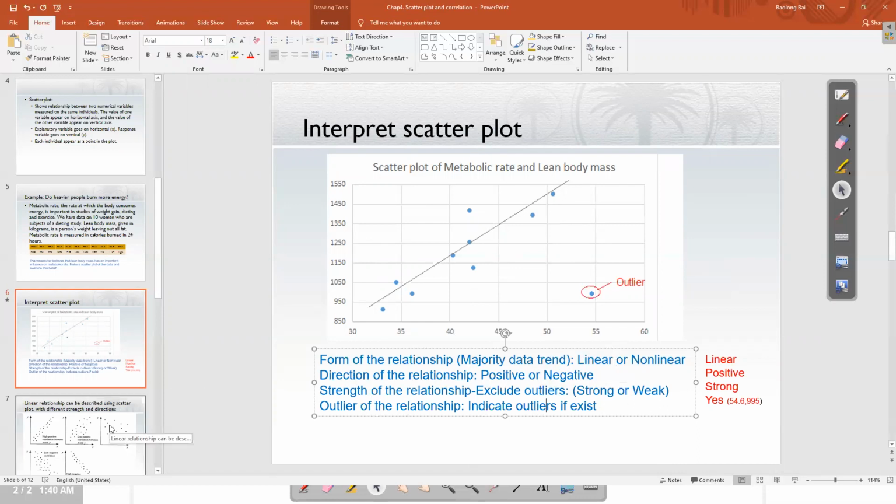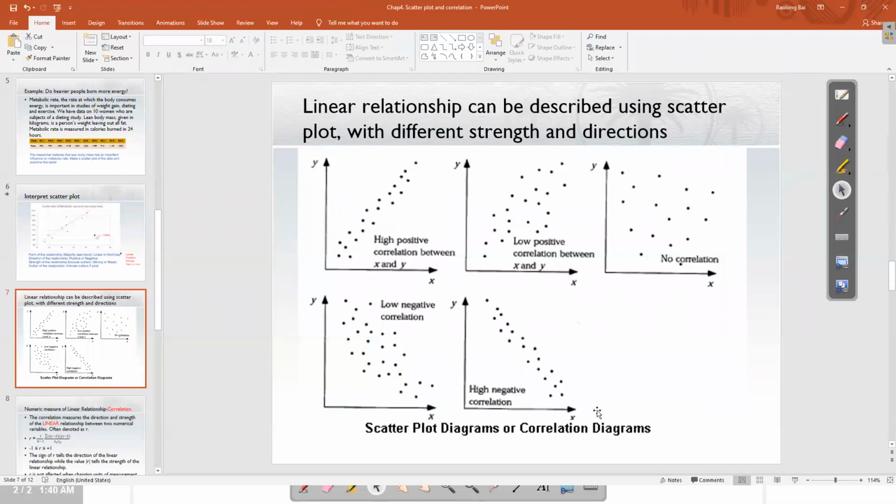So with different kinds of scatter plots, you can see different relationships. For example, when you have a scatter plot like this, you can see it's very strong, and it's positive. It's a linear relationship. And here it's a little weak, but still positive and linear. And here you couldn't find any good relationship, so there's no relationship.